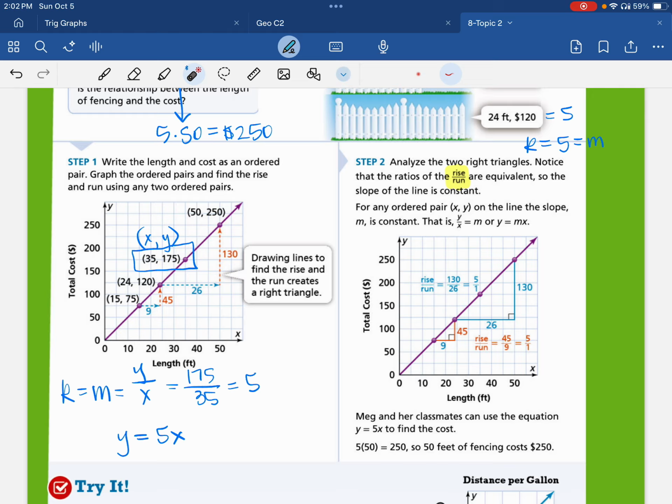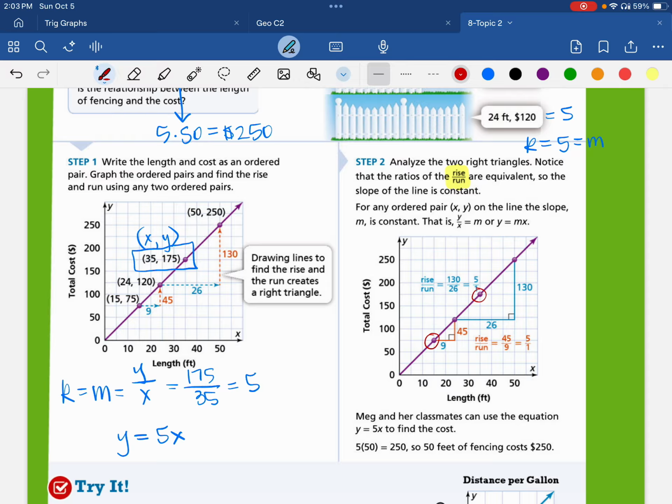And again, we can pick any 2 points. They've shown the rise and run between the first 2 points and the rise and run between the second and fourth points. If I want to pick a different pair of points just to really drive the point home here, I would go from maybe the first point to the third point.